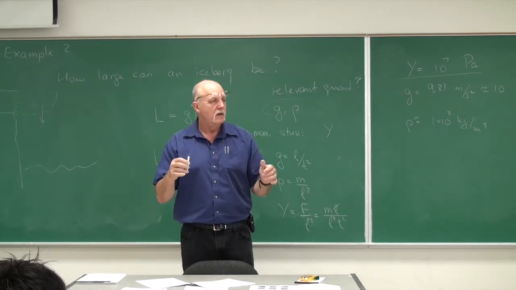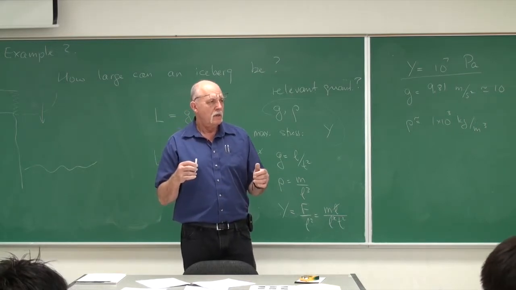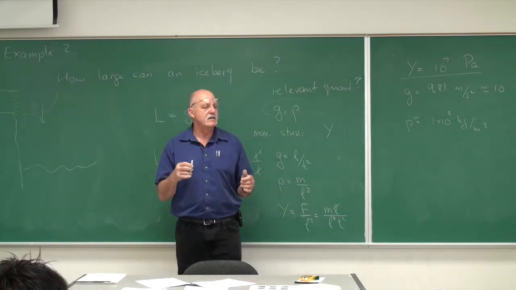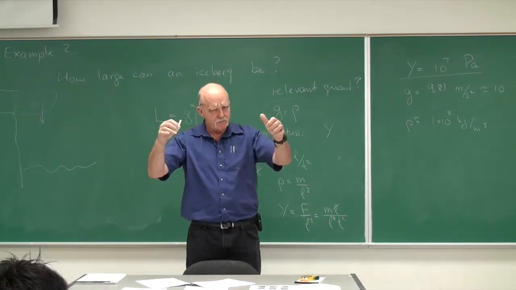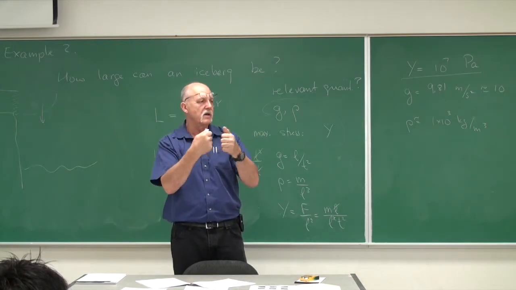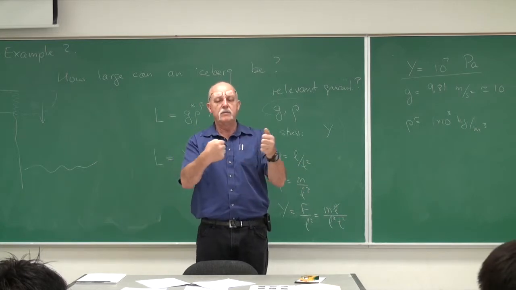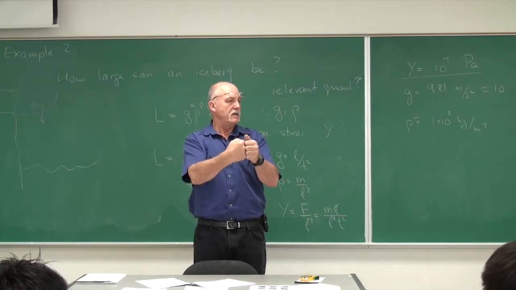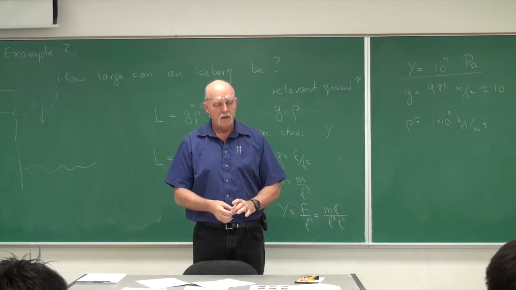And 1 over r to the 12 is the repulsion from Pauli exclusion. That's right. So the long range attractive part goes as 1 over r to the 6, pulls them together, and when they're pretty close, the electron clouds start to overlap, and it's Pauli exclusion that keeps them from coming closer than when the electron clouds overlap. That's why we don't fall through the floor, because of Pauli exclusion.